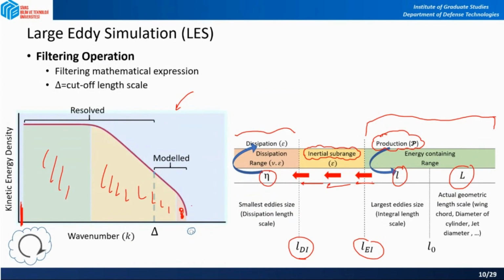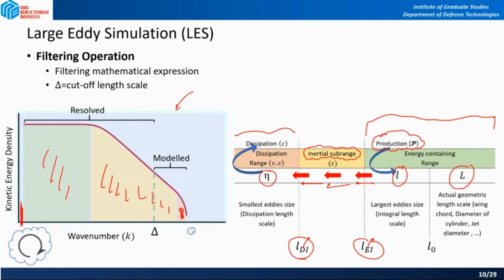So this D in here is used for dissipation, and this E is for the energy contained. So the process is like this. You have the production and then dissipation at very small scales.